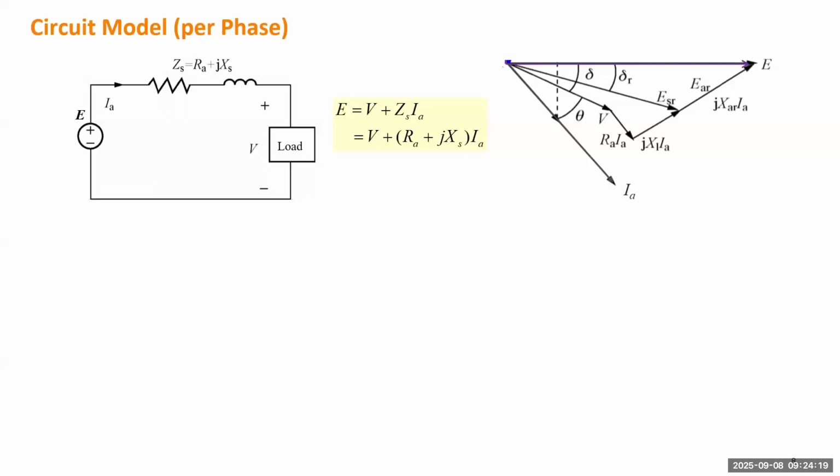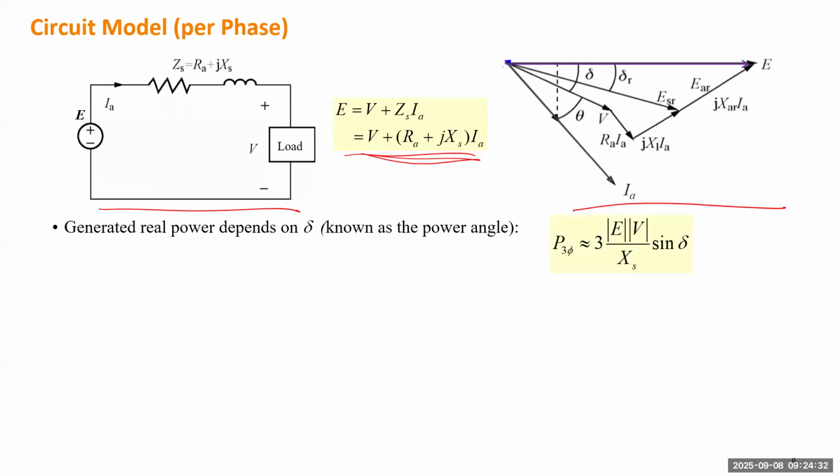Okay, so from now we're safe to use only this equation, this circuit, and this phasor diagram to do all the calculation for the generator. So first, the real power depends on the angle, right? This is a fact we already know from the previous section.